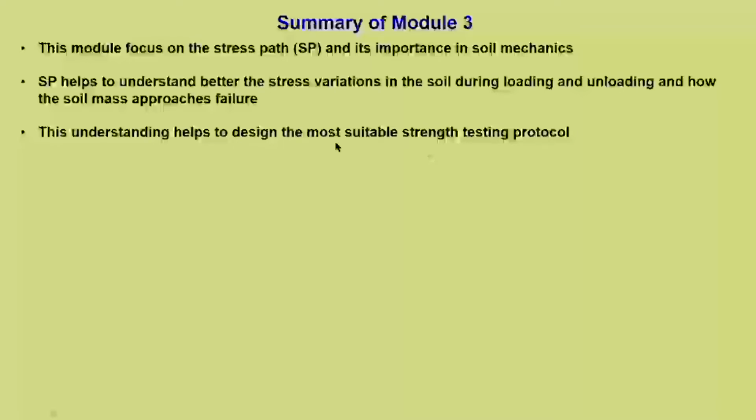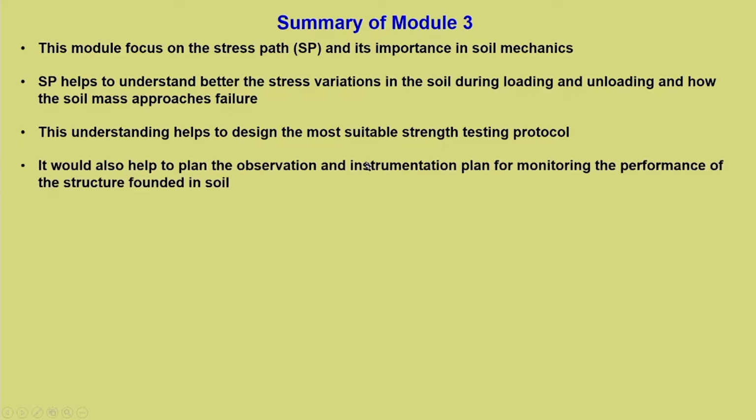So, we can try to use laboratory testing, if it is possible, like stress path controlled triaxial testing. If it is possible, we can always do that in the lab to get the best representative shear strength parameters. So, it helps us in planning a suitable strength testing protocol.